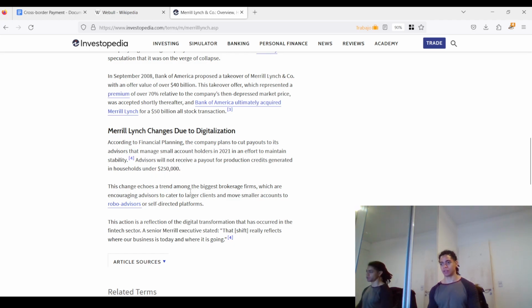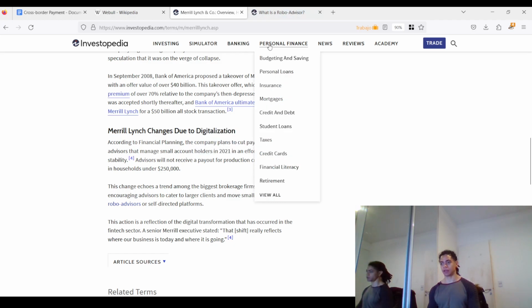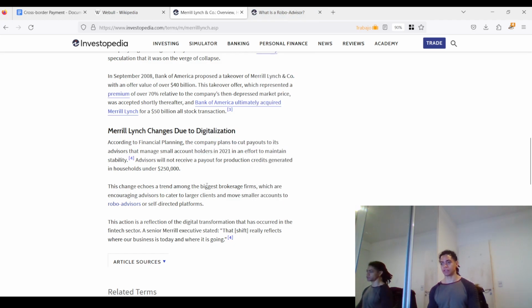This change echoes a trend among the biggest brokerage firms, which encourage advisors to cater to large clients and move smaller accounts to robo-advisors or self-directed platforms. This action is a reflection of the digital transformation that has occurred in the fintech sector. A senior Merrill executive stated that the shift really reflects where our business is today and where it's going.